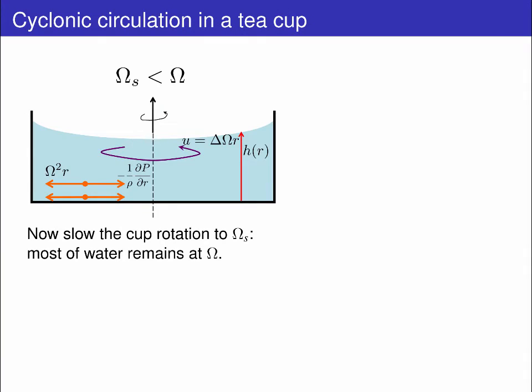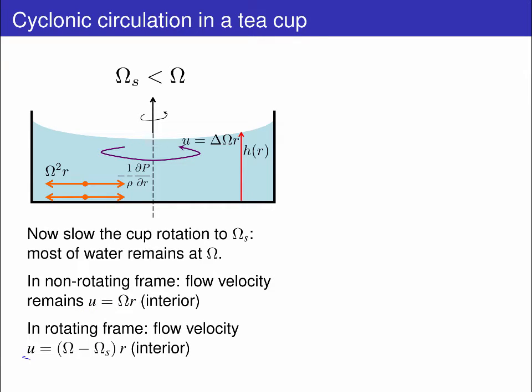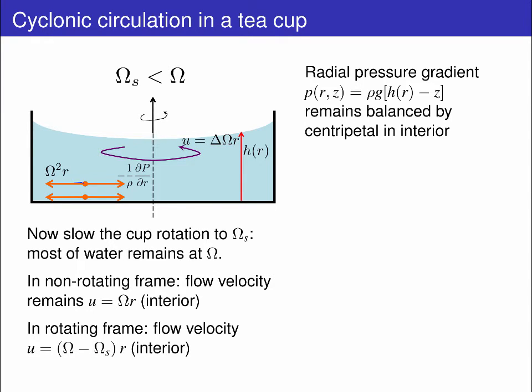Now, in this balanced state of solid body rotation, slightly slow the cup to omega s, so that the water is now spinning faster than the cup. In our inertial frame, the water remains at u equals omega r, while in the cup's frame, the water velocity is now delta omega r. The centripetal acceleration in the interior remains balanced by the radial pressure gradient.